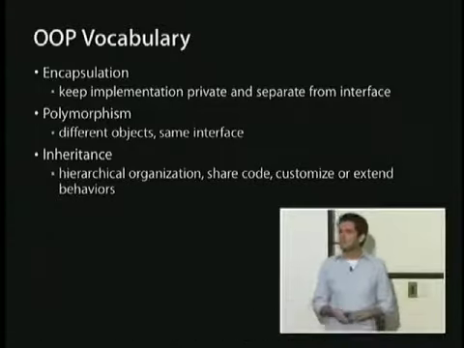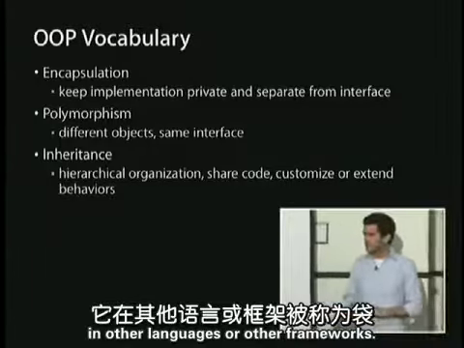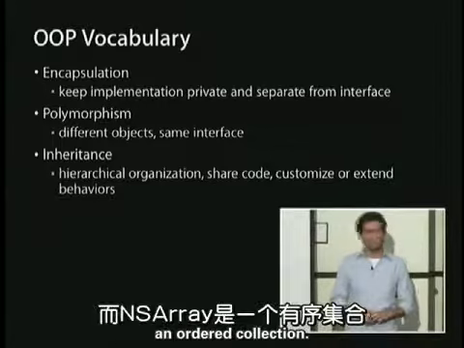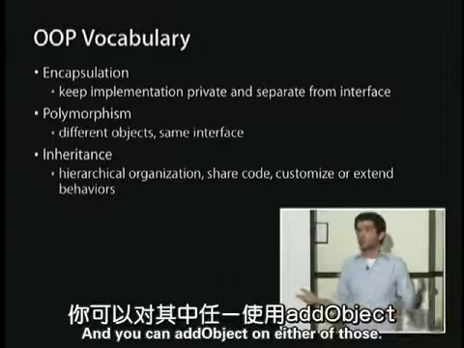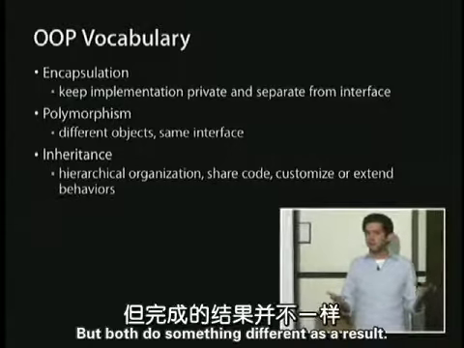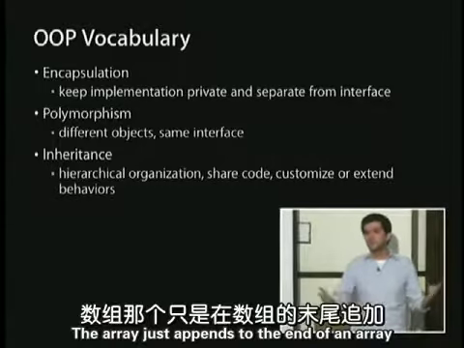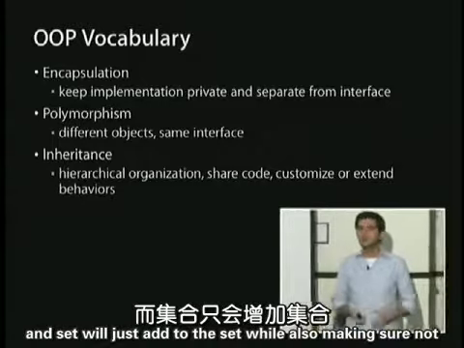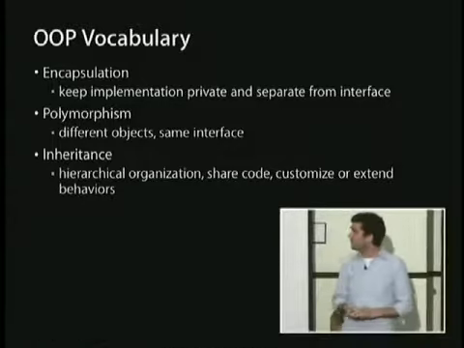You may have heard this called a bag in other languages or frameworks. It's effectively an unordered collection, whereas an NSArray is an ordered collection. And you can call addObject on either of those. They both implement the addObject method, but both do something different as a result. Array just appends to the end of the array, and set will just add to the set, while also making sure not to duplicate the object.